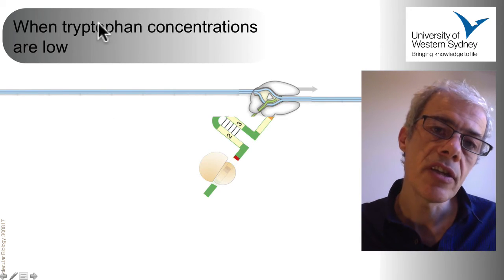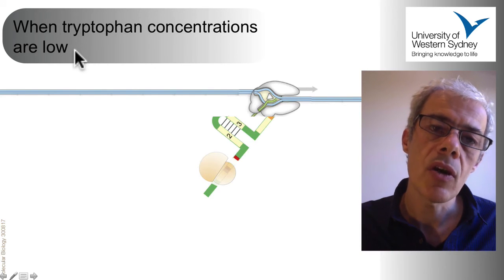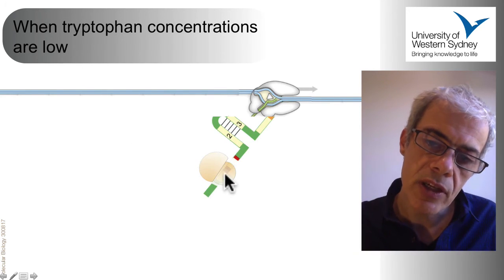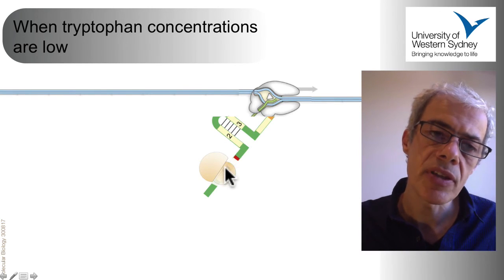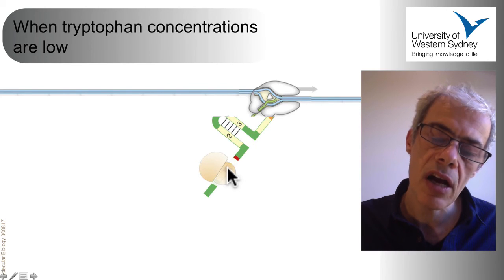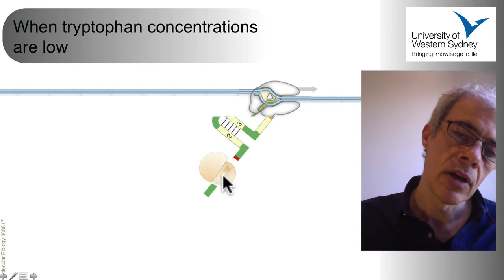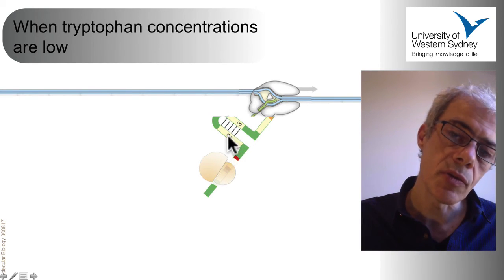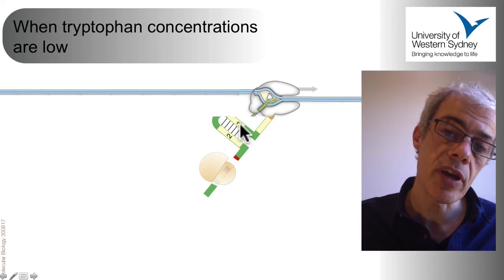Now, when the concentration of tryptophan is low, the ribosome reads through up to these trp codons, and it can't proceed. There's not enough charged tRNAs to allow the ribosome to proceed down. So the ribosome doesn't read down to cover region 2. Therefore, as region 3 is transcribed, a hairpin can form between 2 and 3.